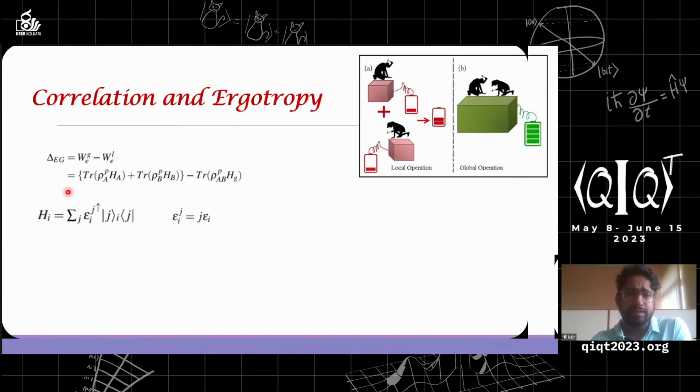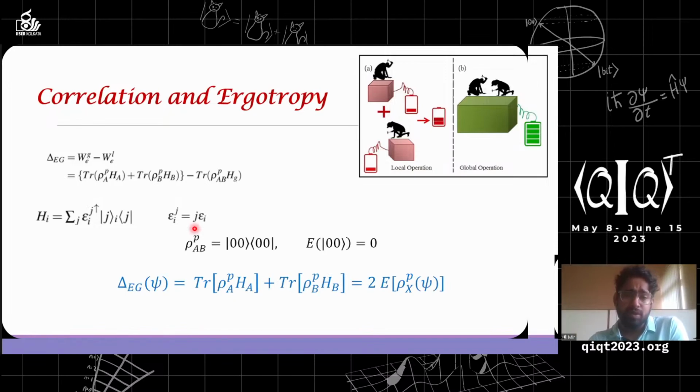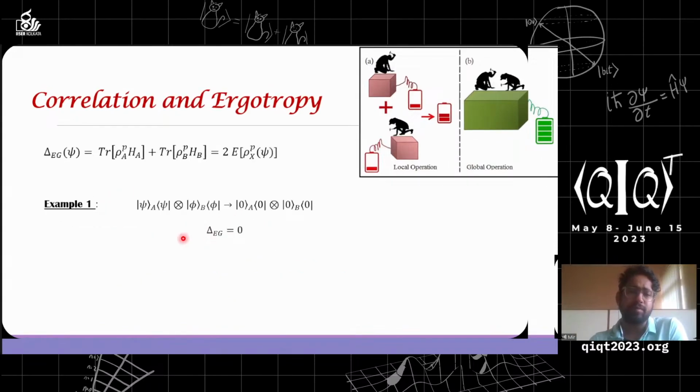Let's see how this can be useful to extract work, I mean, to study the correlations. So let me take some Hamiltonian, in this form, which is the linear space Hamiltonian. It can be generalized, but it is not required right now to understand these things. If you have a state which is a pure product state, what will happen?